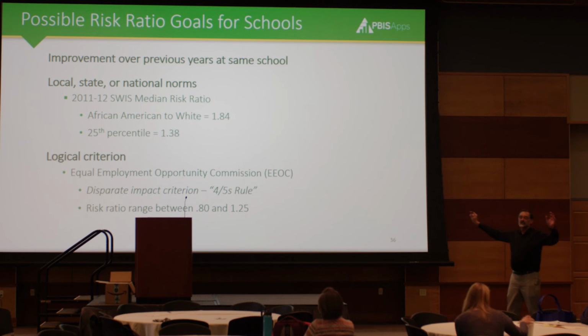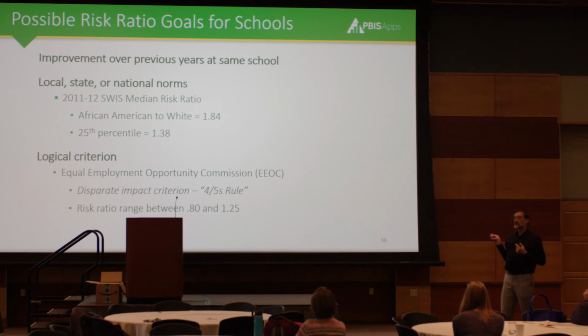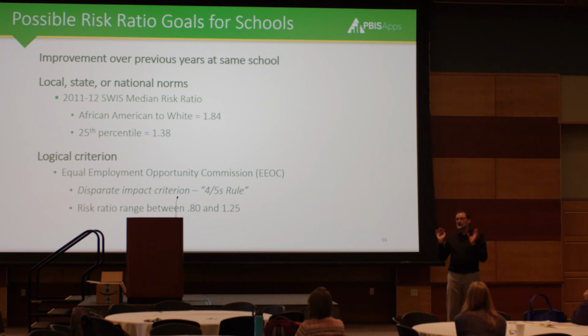The only place the feds use a threshold is in equal employment opportunity, and it's called the disparate impact. They use the 4/5 rule. So if it's 1.25, if it's 25% more likely that the female teachers in the state of Nevada are going to get paid less than the male teachers, then that would be a disparate impact.